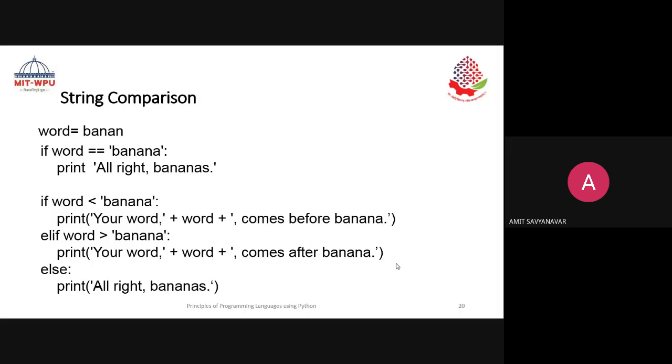Then string comparison can be carried out in this manner. That is, logical operators can be used: the equal to sign, and less than and greater than can also be used. Now can you tell me what exactly is the output of this code?